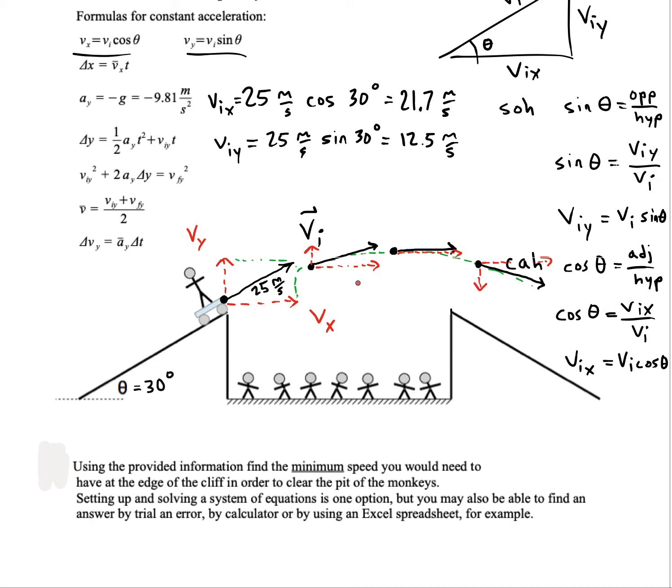And so what we end up seeing is constant velocity in the horizontal dimension, though. And this is part of Newton's first law.